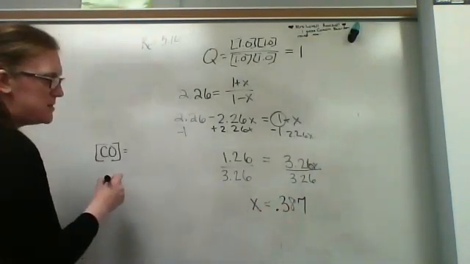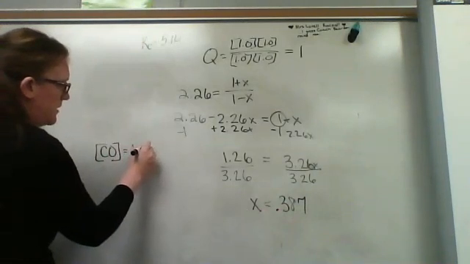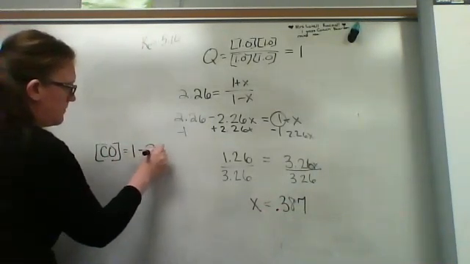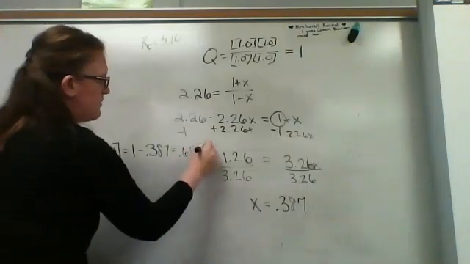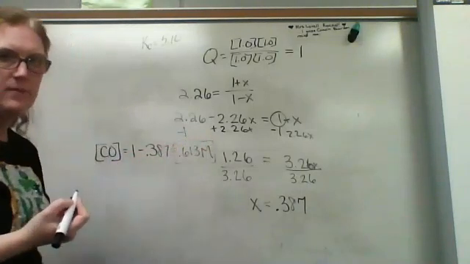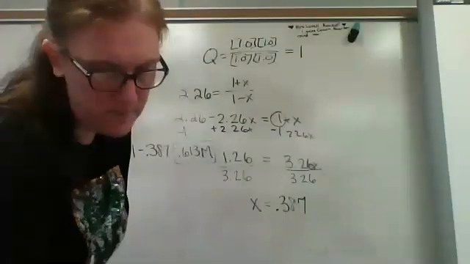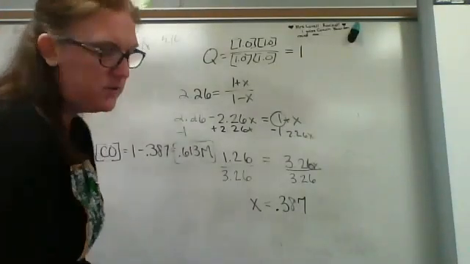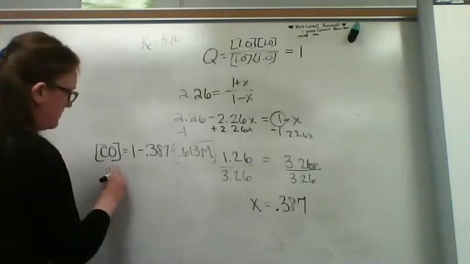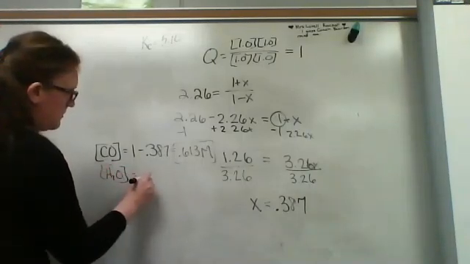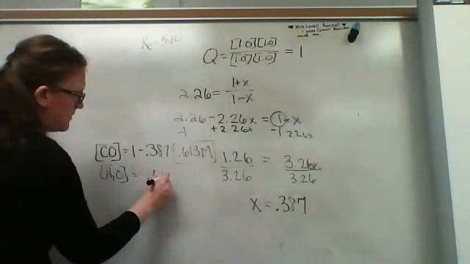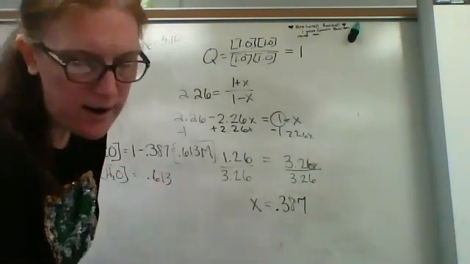So 1 minus 0.387 is 0.613. That's your molarity at equilibrium of carbon monoxide. And you would do the same thing for H2O, which is going to be about the same value, 0.613.